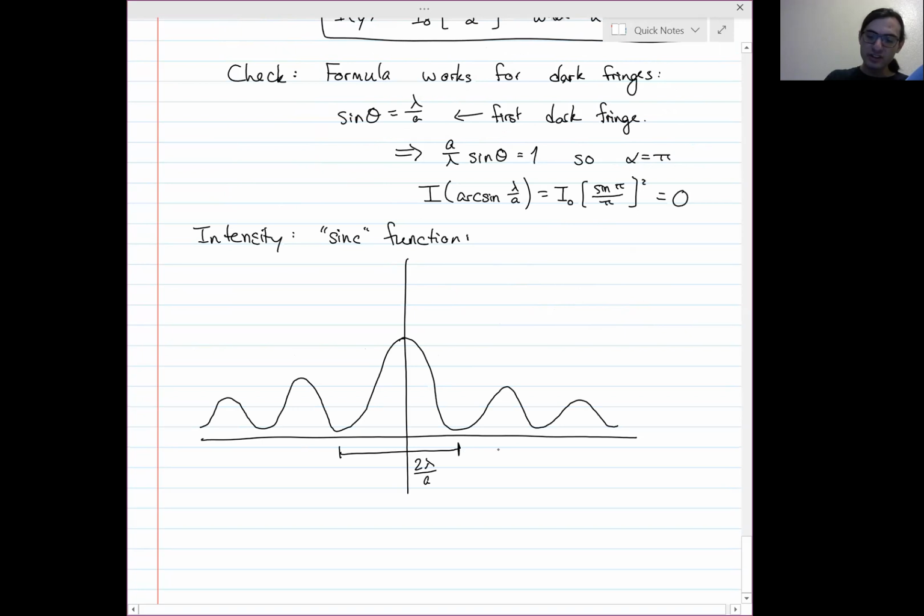And then each of these lengths would be lambda over a. And this is I. By the way, I'm not actually plotting a particular variable here. Really what I'm plotting is the sine of theta, if that makes sense. So this axis goes as the sine of theta, perhaps.